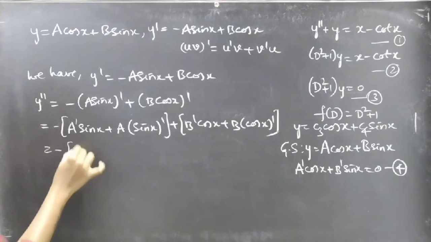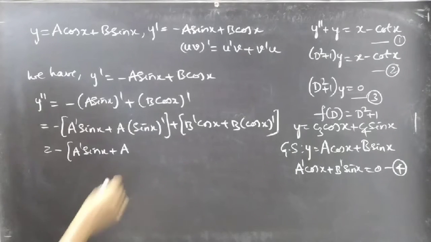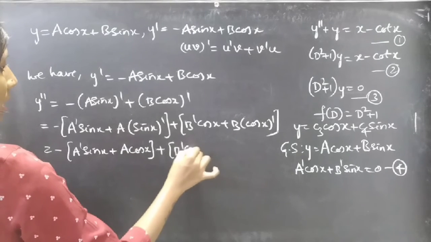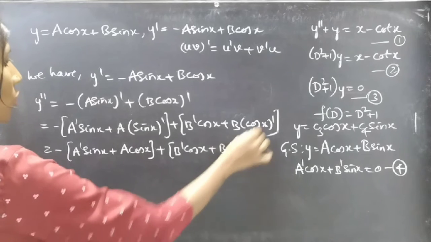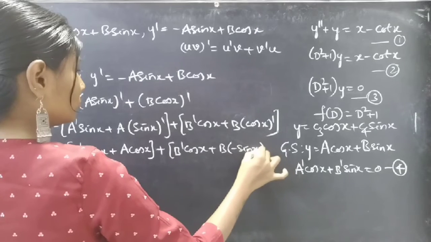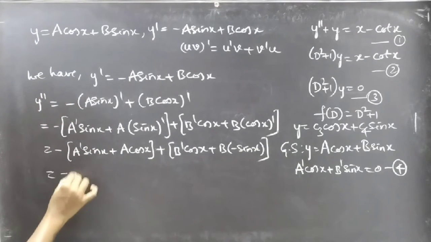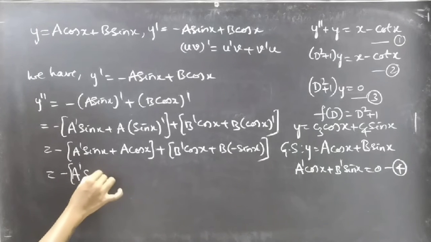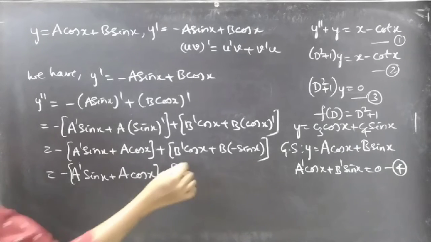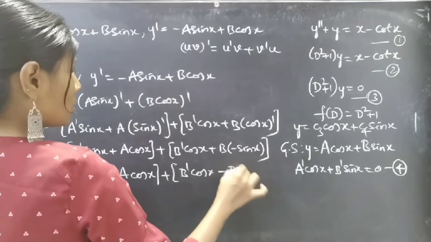This gives us minus of a dash sin x plus a into the derivative of sin x with respect to x, which is cos x, plus b dash cos x plus b into the derivative of cos x with respect to x, which is minus sin x. This gives us minus of a dash sin x plus a cos x plus b dash cos x plus b into minus sin x.